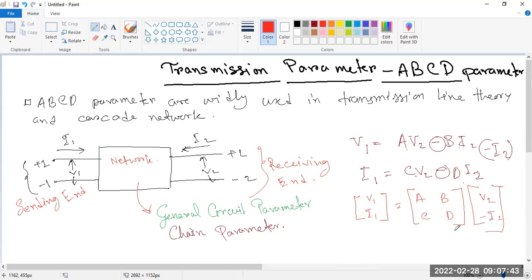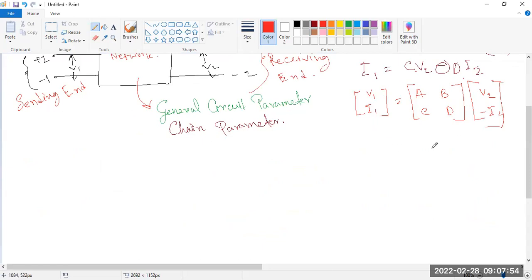This is the matrix form, and this one is called the transmission parameter, or the transmission matrix.